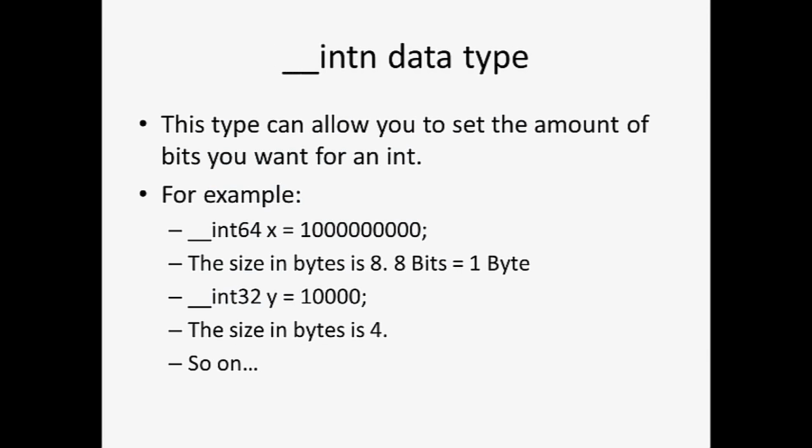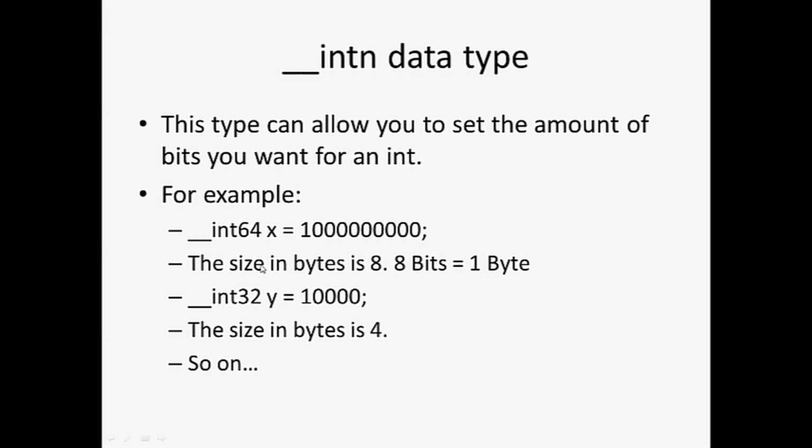And then there's one more thing here, the int type. This type actually allows you to set the number of bits you want for an integer. For example, it starts with 2 underscore characters, then int64. With int64, we're saying we want an integer that is 64 bits, that is 8 bytes.